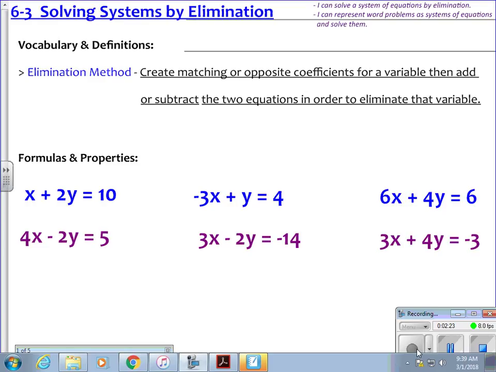And I'm telling you now, and you need to listen closely. On your test, if I tell you to use a particular method to solve an equation, you must use that method or you will get a 0. If I say solve by substitution, you must solve by substitution.